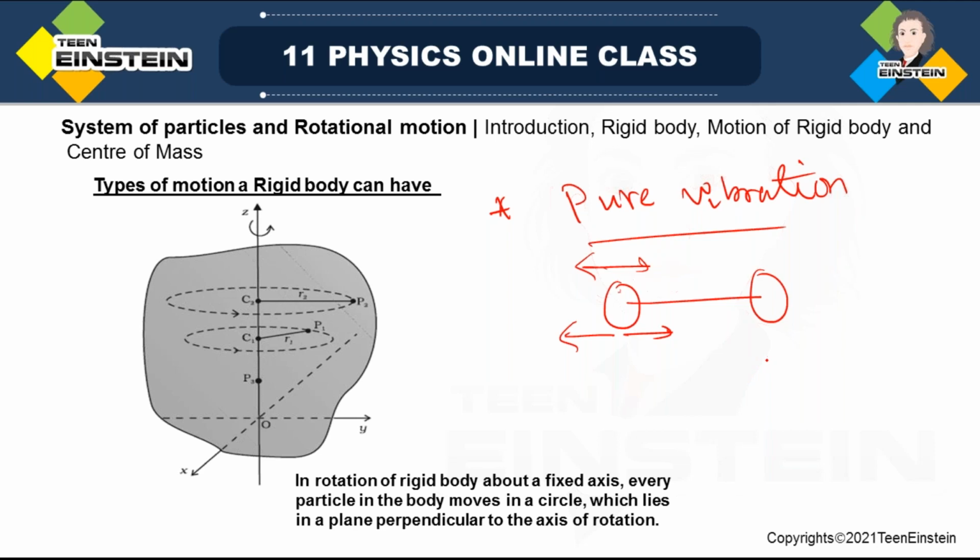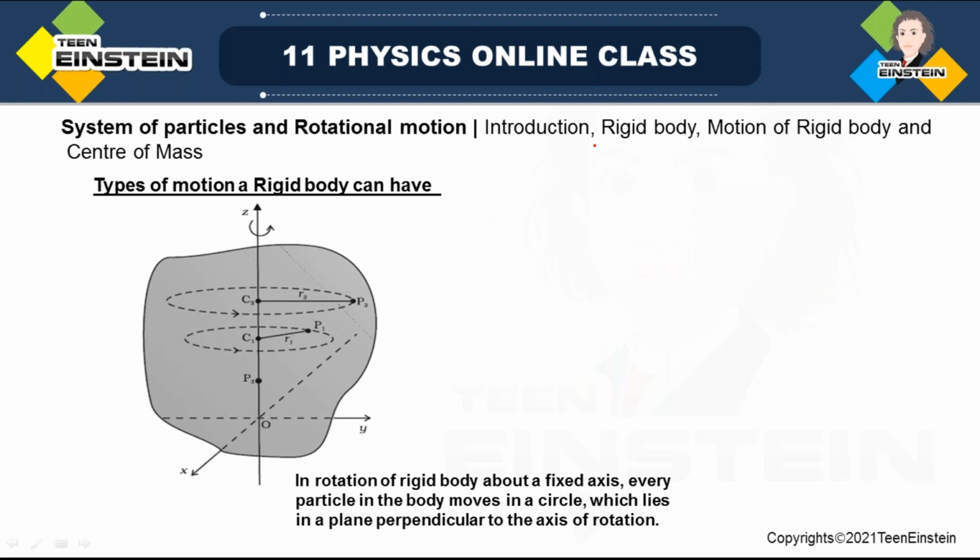Each object can have vibration, translation, and rotation. This kind of motion can be seen for any rigid body, but we are not mentioning pure vibrational motion.